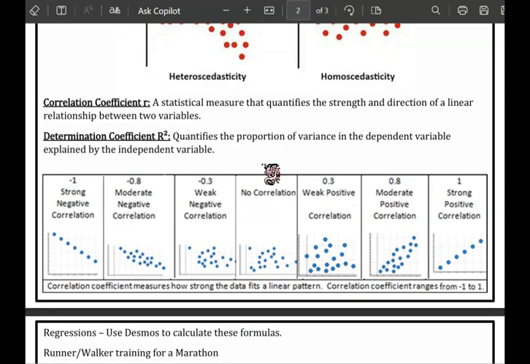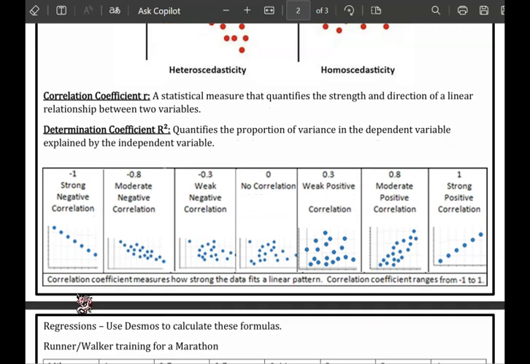It quantifies the proportion of variance in the dependent variable explained by the independent variable. Now, for example, quadratic functions, you will not see a correlation coefficient, but you will still have a determination coefficient. You could also see the residual plots for any of these regression models.